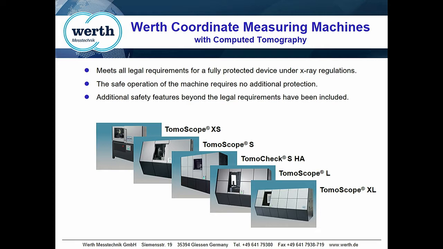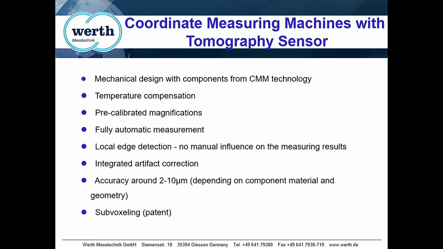There is no additional PPE necessary. Our CT machines are built to be a CMM with an X-ray sensor on it. It has temperature compensation, pre-calibrated magnifications, an accuracy of 2 to 10 microns, and we also do sub-voxeling, which is something that I will get into later on in the presentation.